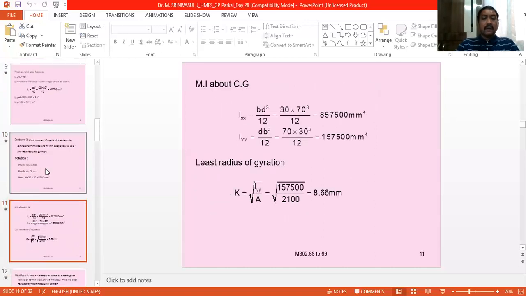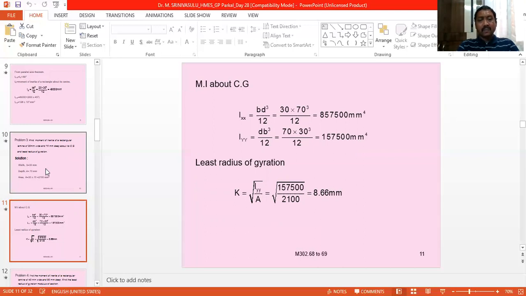Now the moment of inertia about the x-axis, Ixg, generally the formula is BD cube by 12. Here B is 30 and D is 70, so 30 into 70 cube by 12 is equal to 857500 mm4.